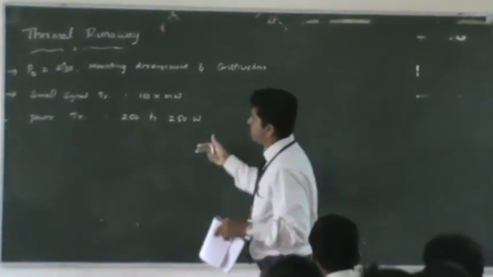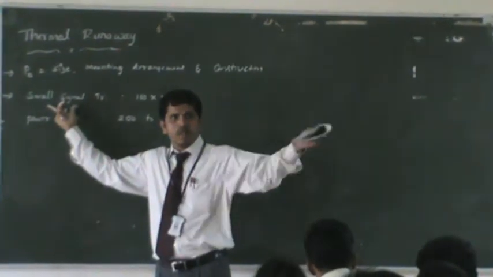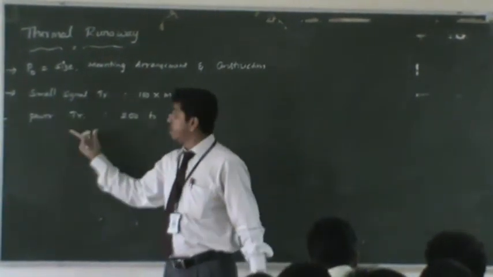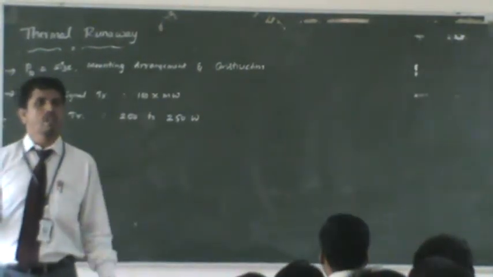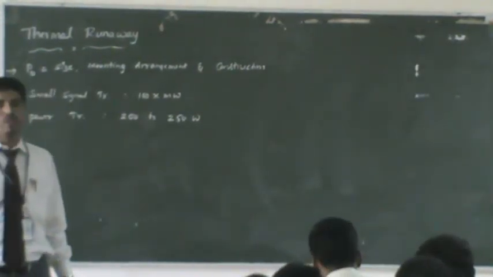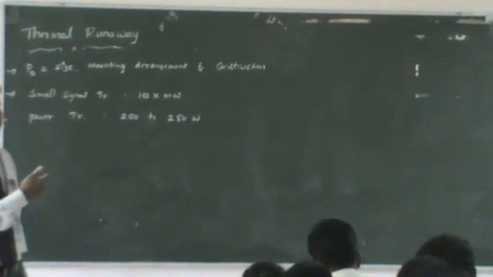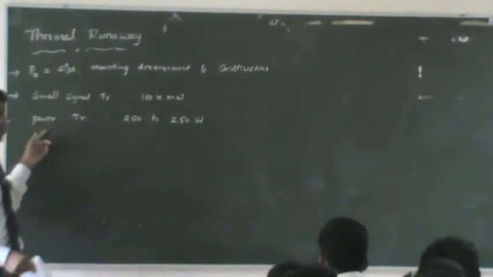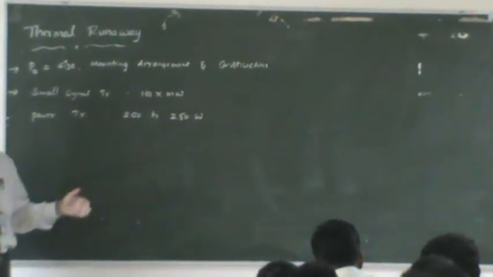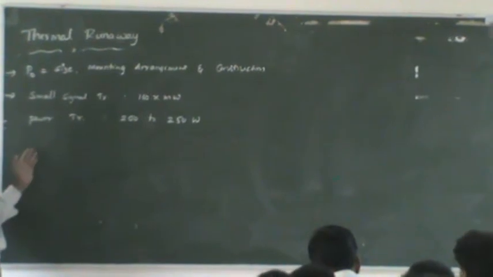Among these two types, the small signal transistor is what you see in our laboratory. Power transistors are normally used in the electronics branch, where students study power electronics and need a transistor for large power applications. They cannot use the ordinary transistor we use in the laboratory to construct an amplifier.